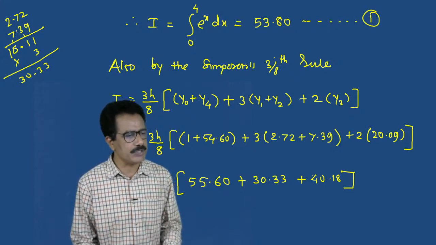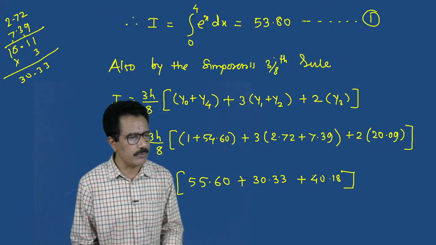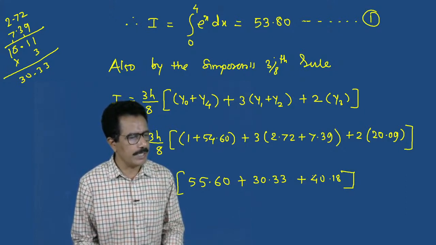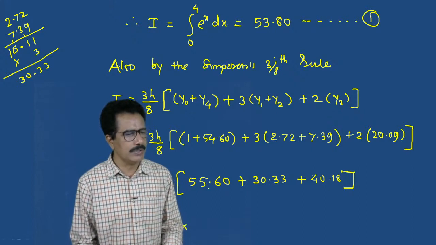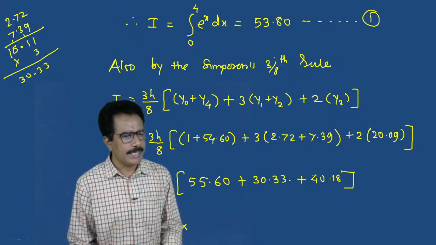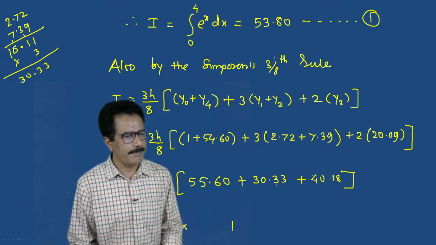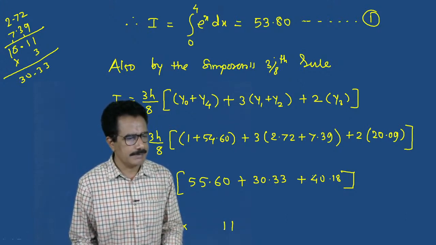3h by h means 1. You can put h is equals to 1. I is equals to 3 by 8 into 8 and 3 is 11, 2 and 3 is 5 and 6 is 11.